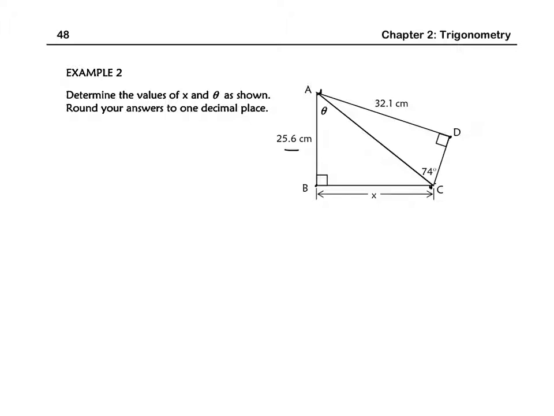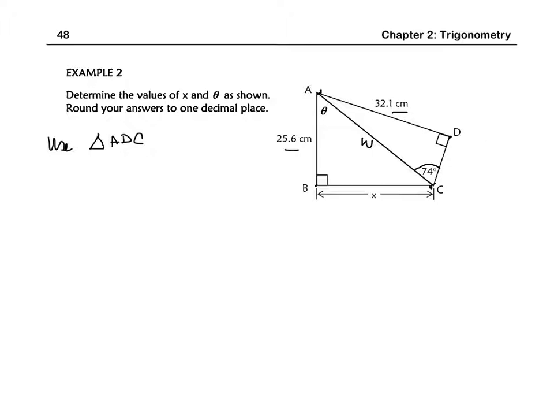So I'm going to put, say, W on that side, and I'm going to use triangle ADC. Here I have 74 degrees, I have the opposite, which is 32.1, and I have the hypotenuse, W, which is what I want.